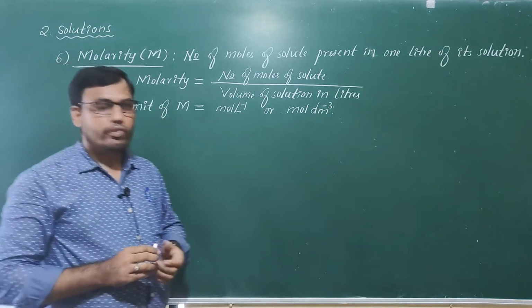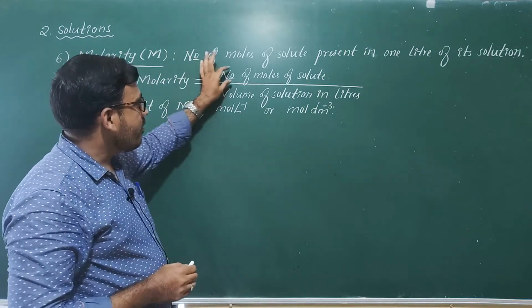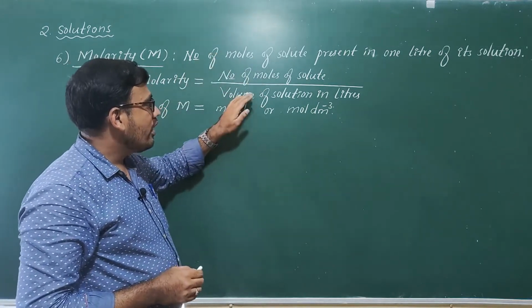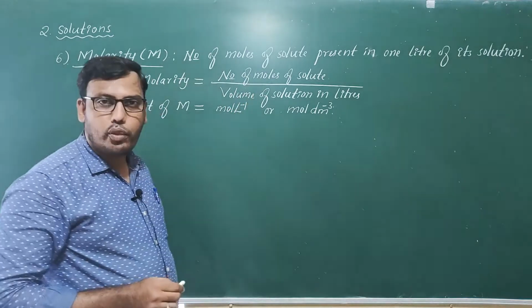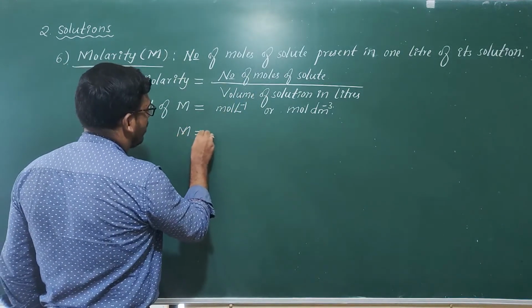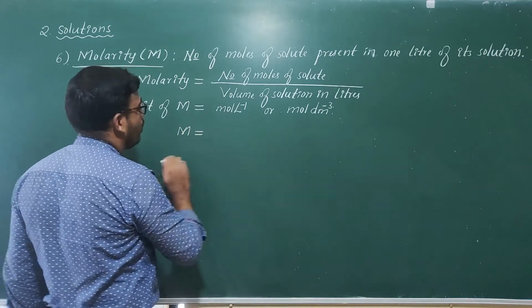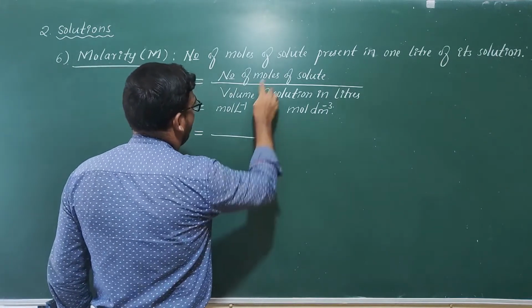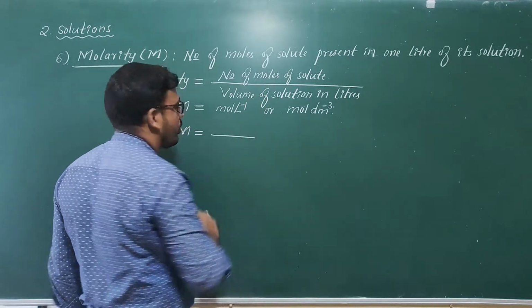Now, see, in the numerator we have the number of moles of solute. In the denominator, we have the volume of solution. So further, molarity is equal to number of moles of solute divided by volume of solution.